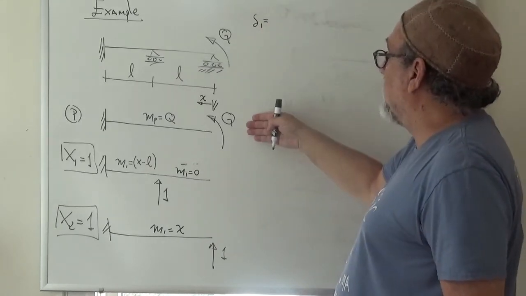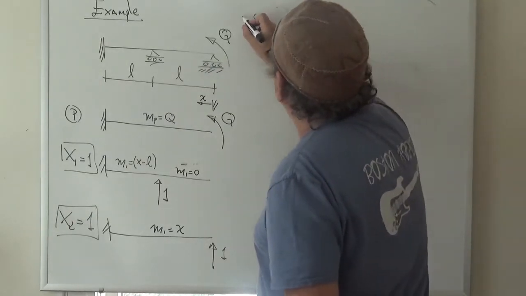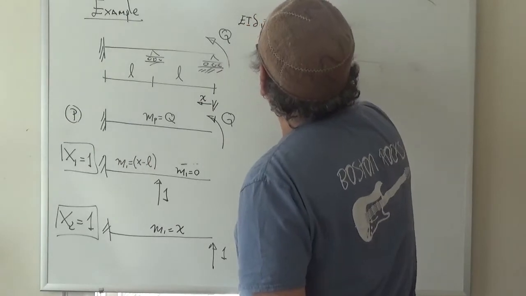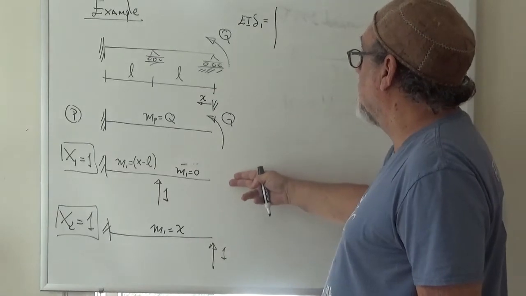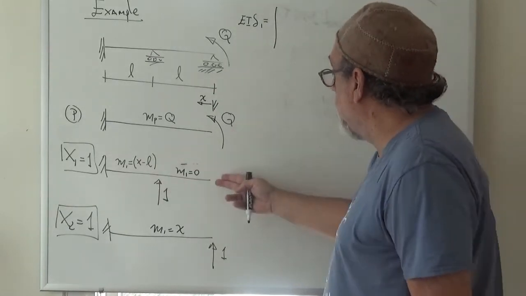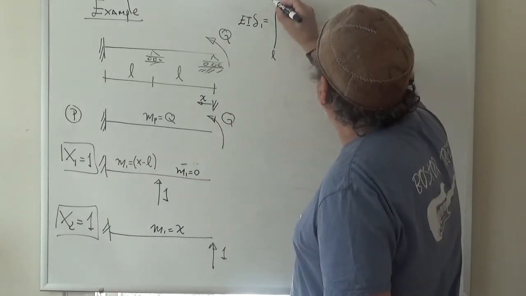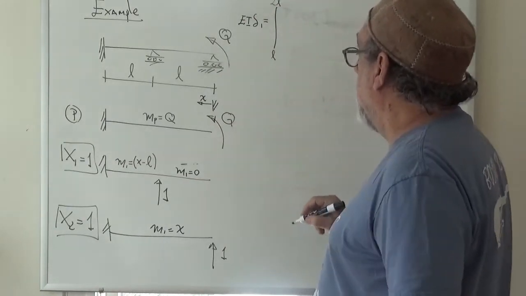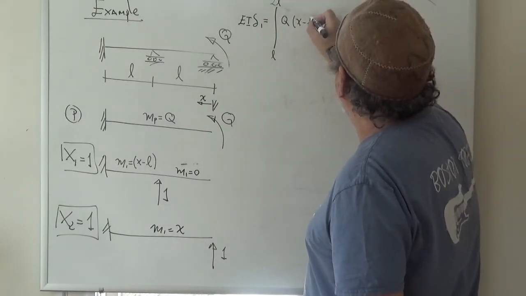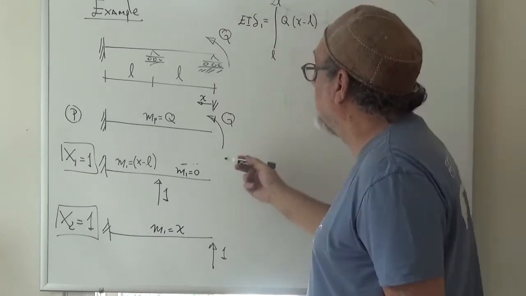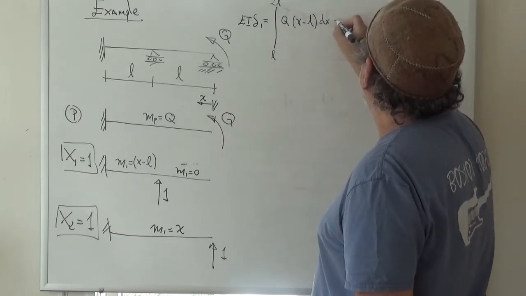Delta 1 is the P sketch times the 1 sketch. So that is, I'm going to put the EI on this side so I don't have to divide by EI every time. So that's going to be the integral of this times this, right? This integral is 0 in the first part, so x begins at L, ends up at 2L, and we have Q multiplied times x minus L ds, but S is running with the bar, so it's dx.